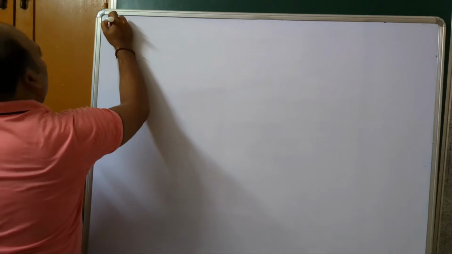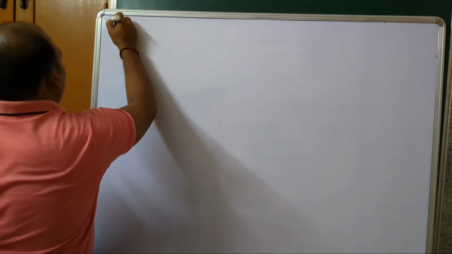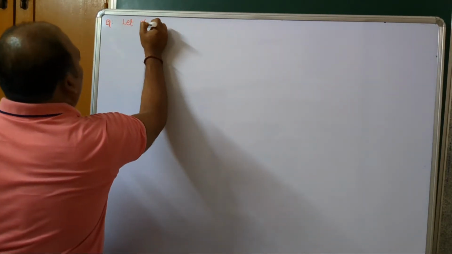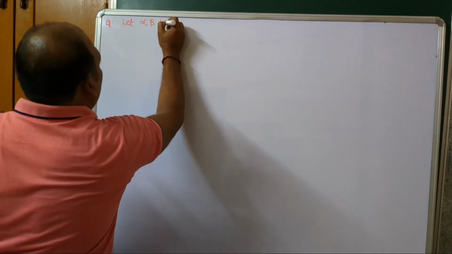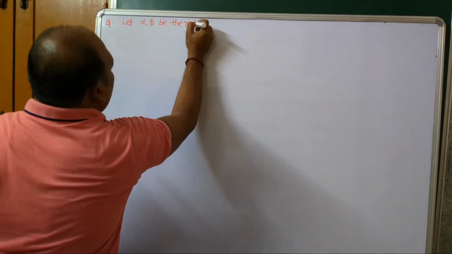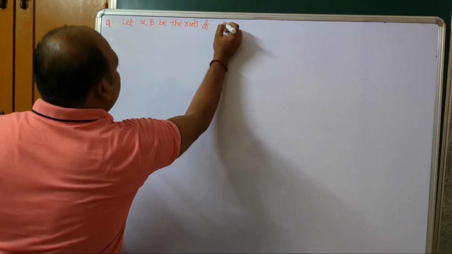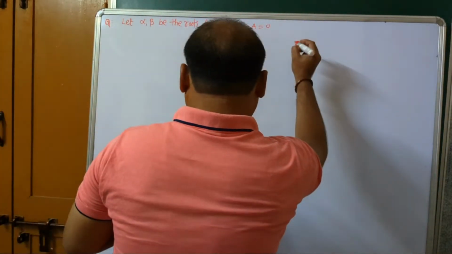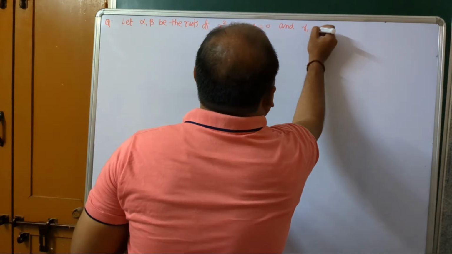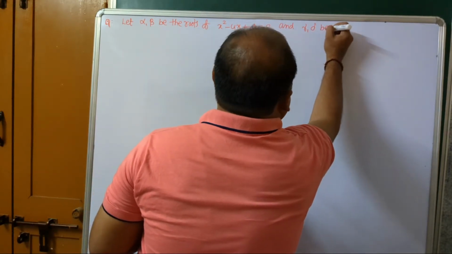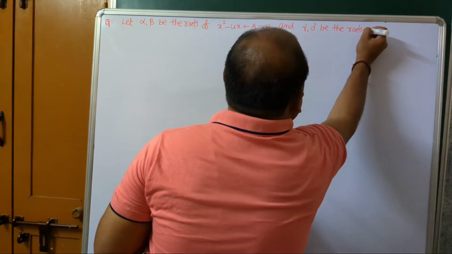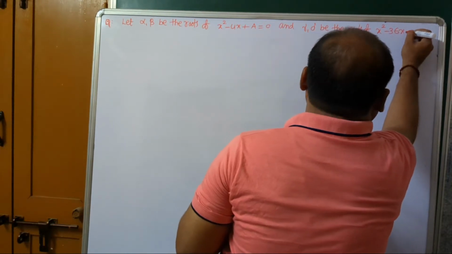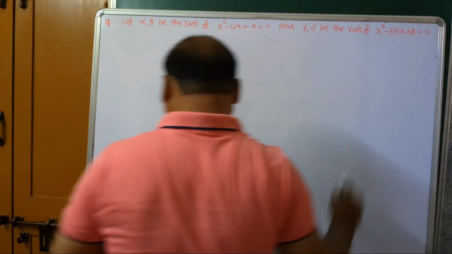The next question. Let alpha, beta be the roots of x square minus 4x plus a equal to 0, and gamma, delta be the roots of x square minus 36x plus b equal to 0.